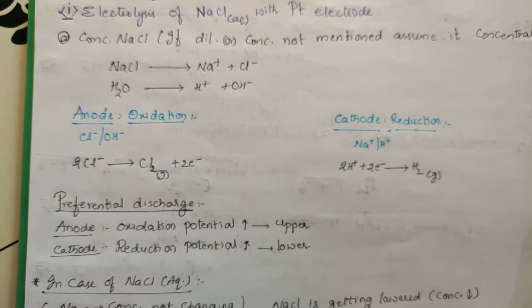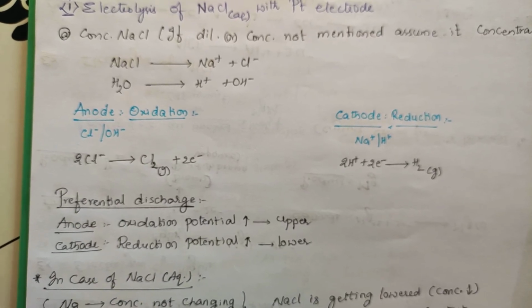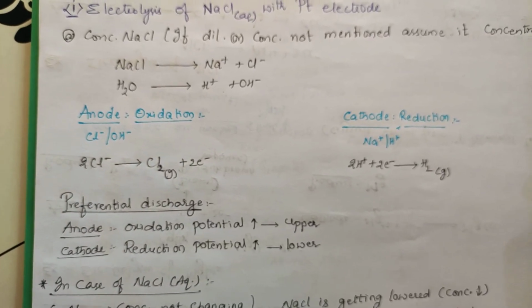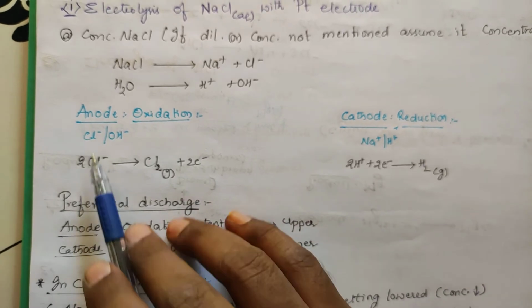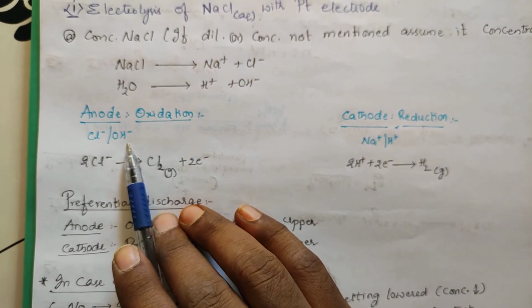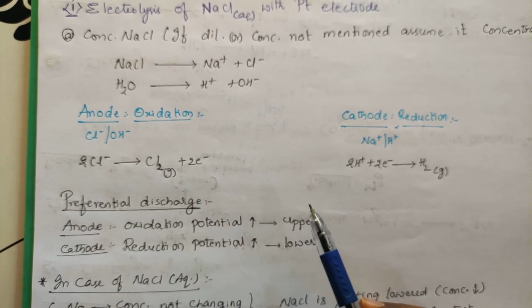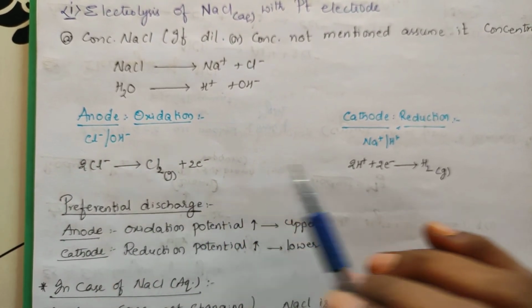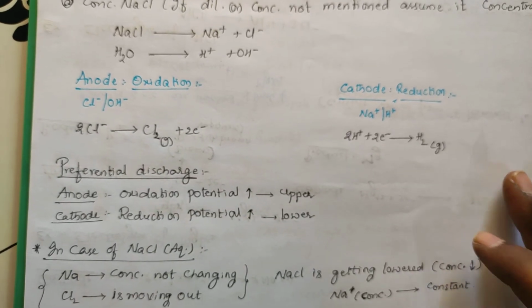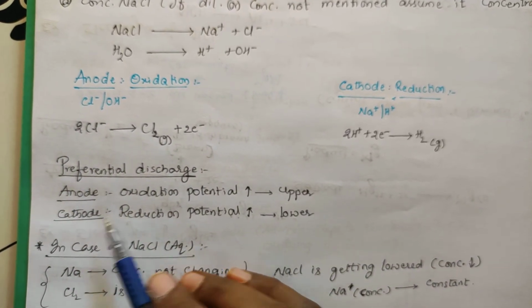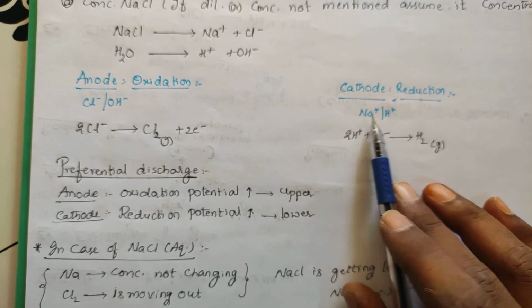How will you know whether chloride or OH minus has higher oxidation potential? You should be thorough with the electrochemical series. Among chloride as well as hydroxide, whichever has higher oxidation potential will be discharged at the anode for the oxidation. If you go for the cathode, cations will be present.